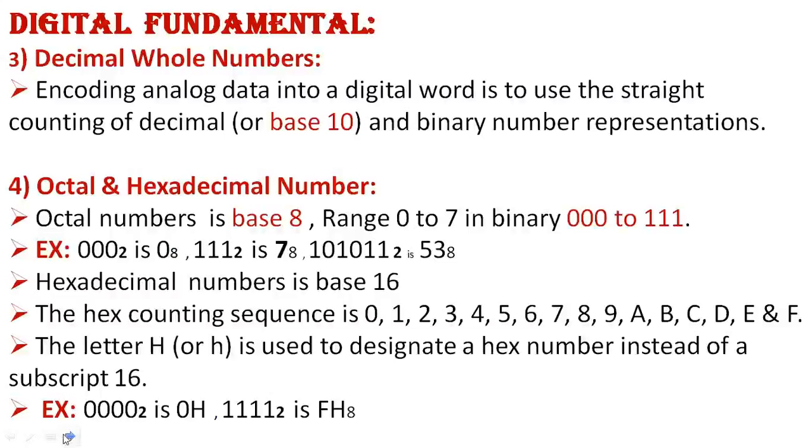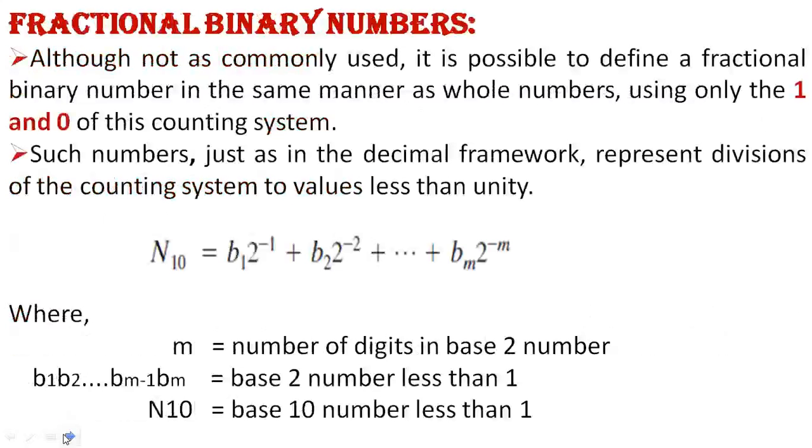So 0, 0, 0, 0 in binary is represented by 0h, and 1, 1, 1, 1 in base 2 is represented by Fh.